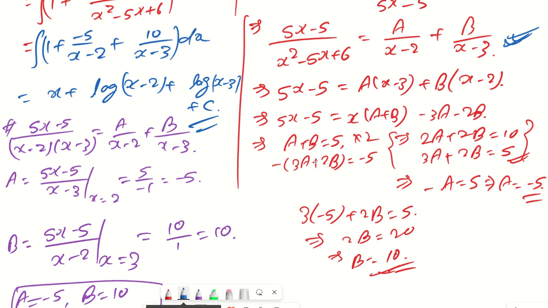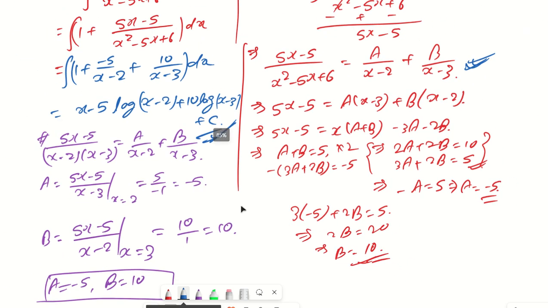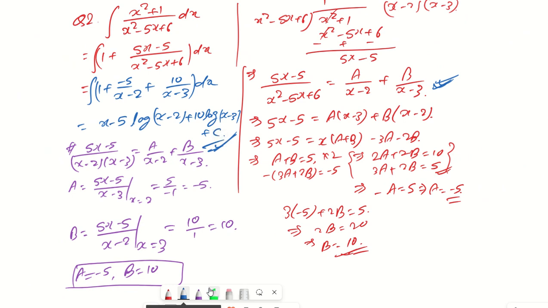So you are going to get here minus 10, this will become minus 5, and this will become 10. So that's the answer. I hope you now have a complete understanding of how to solve questions very easily with all the methods.